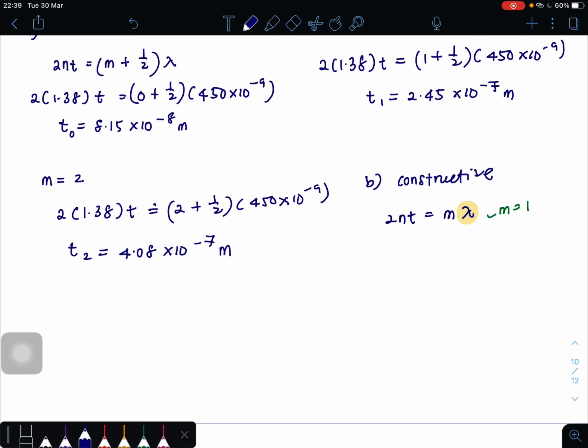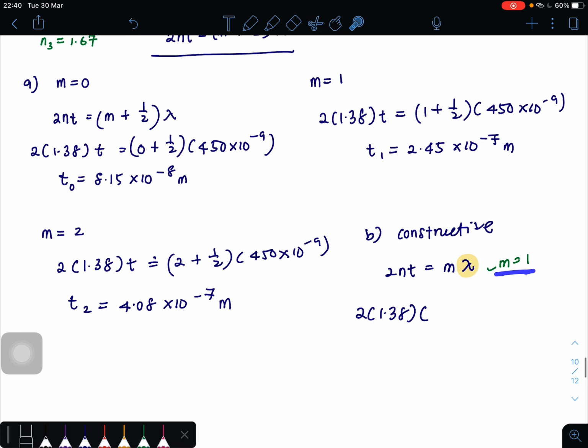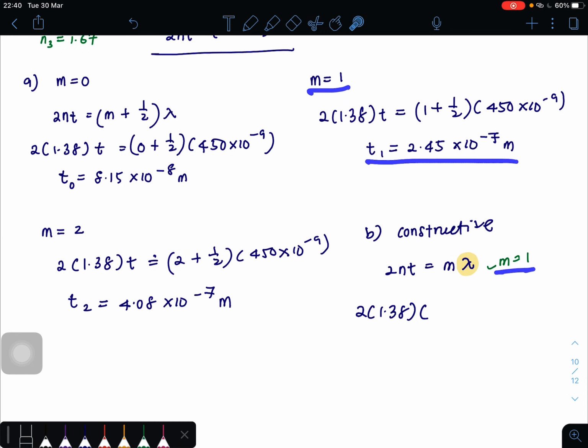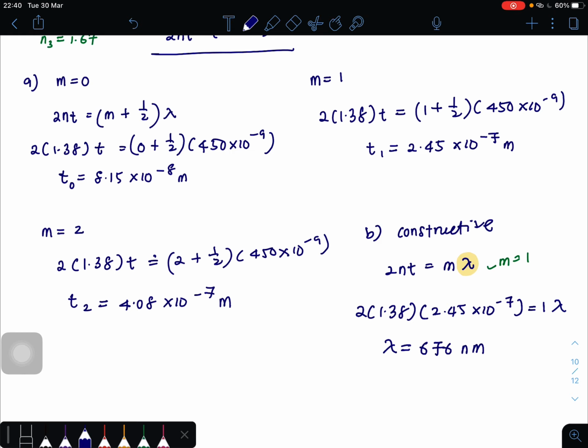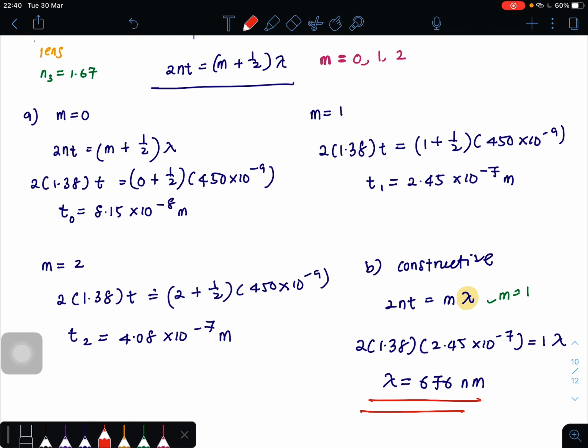So just put in 2n, still 1.38, and t is where m equals 1, which is this one, so we use 2.45 times 10 to the negative 7, equal to m, which is 1, times lambda. So lambda will be equal to 676 nanometers. Okay, so this will be the solution for example 10.